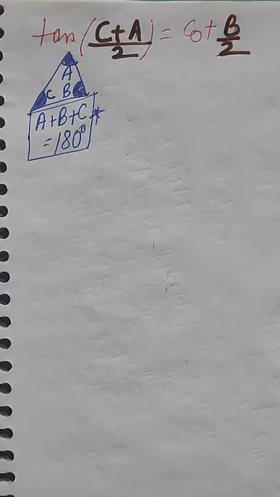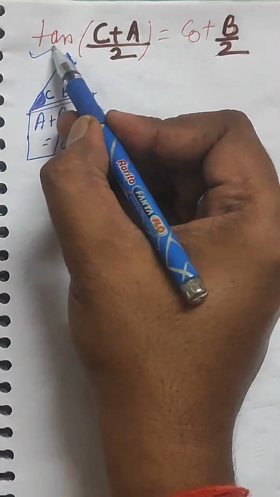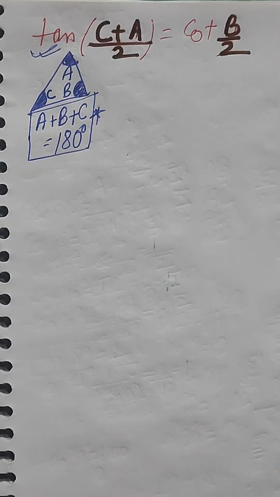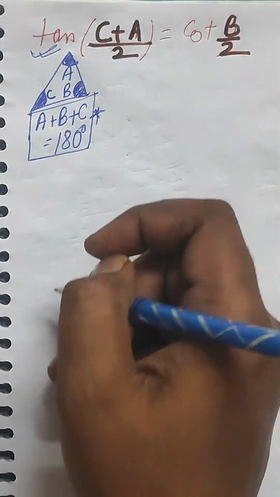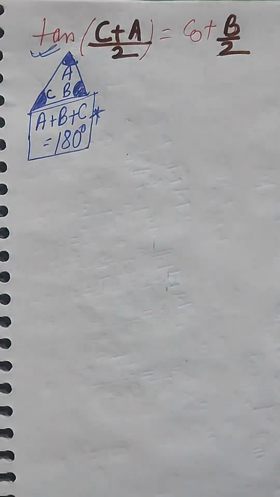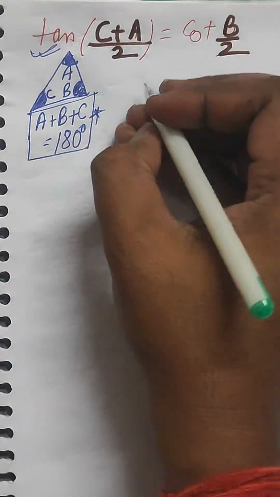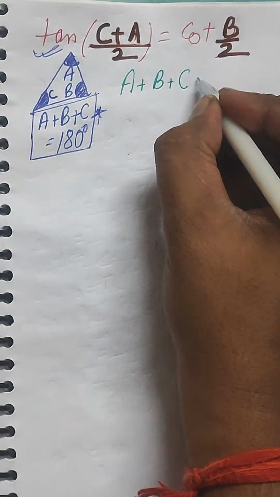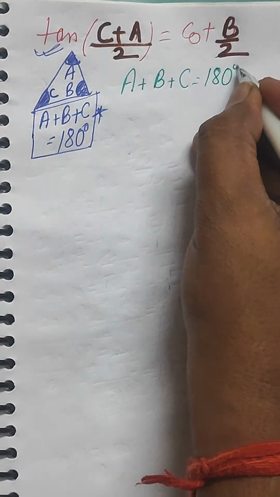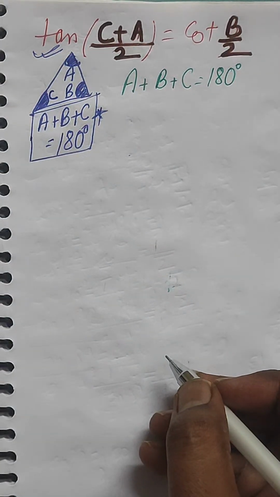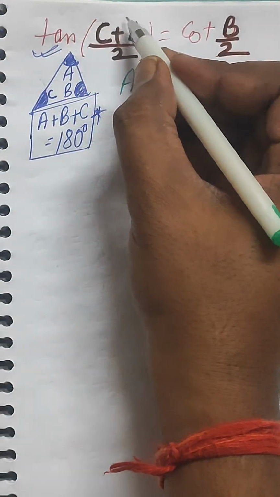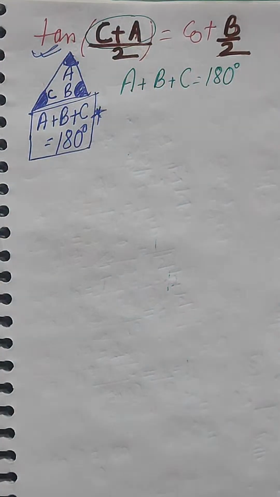Now simply after this, just take the LHS of this identity which we need to prove. This is a question from NCERT, so I've taken it. So here you can see, since a plus b plus c is equal to 180 degrees, then in the question see this c plus a, mind this combination of c and a.